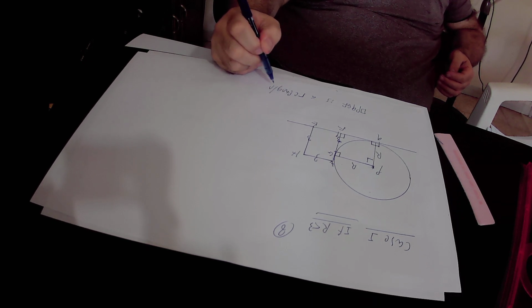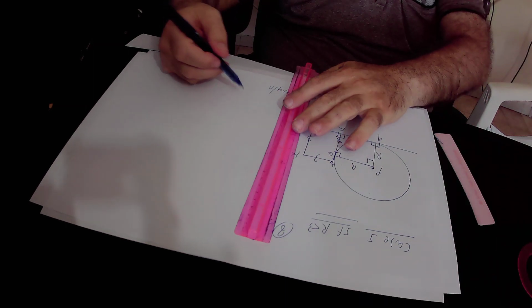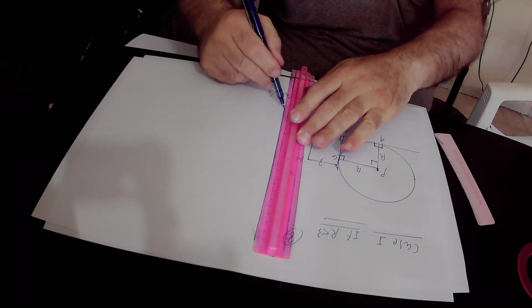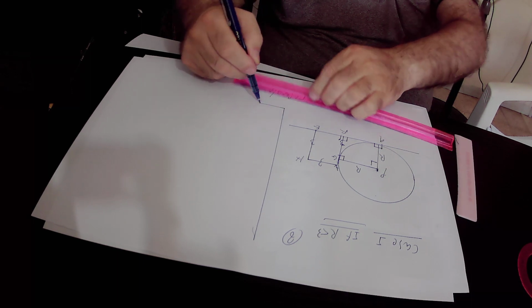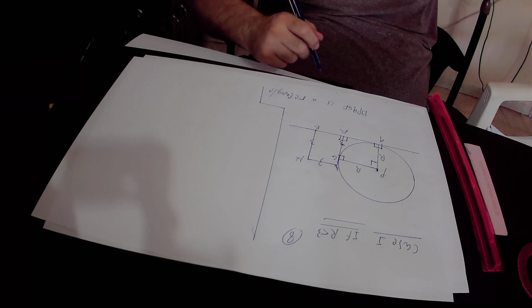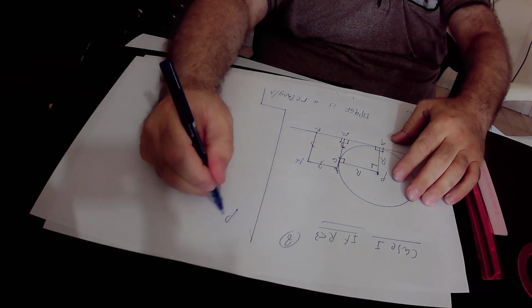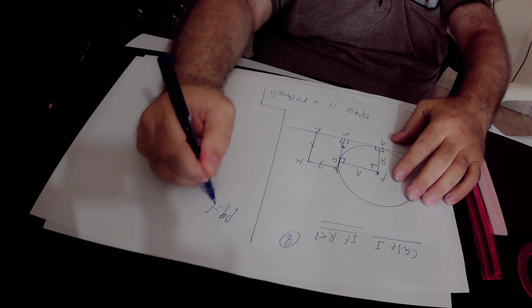And we know that the opposite sides of a rectangle are equal to each other. Therefore, in rectangle PGQF, PQ must be equal to GF.